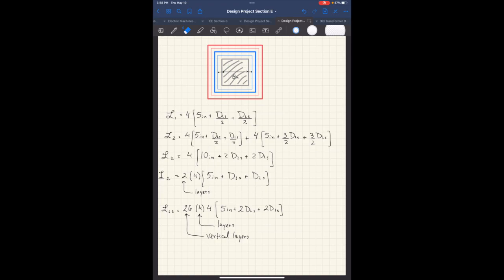Now notice, what's 26 times 4? 104, which is exactly how many turns you need, right? Multiplied by, and then of course you have the 4 here. Let's do it like this. Times this thing. Okay?